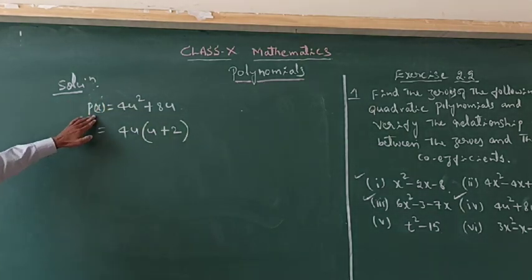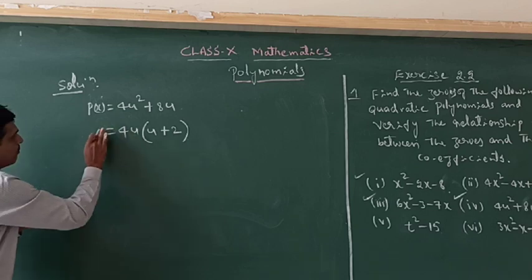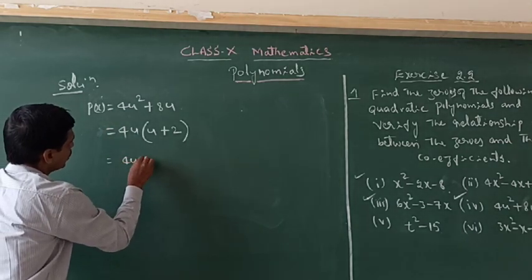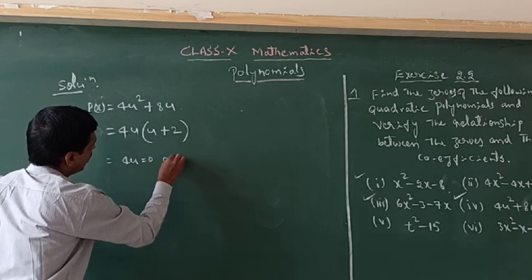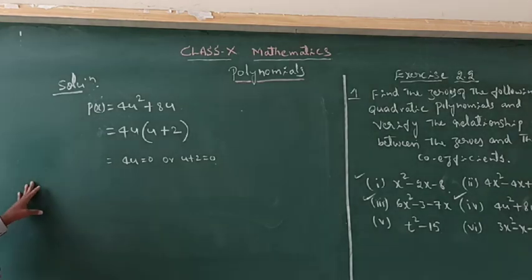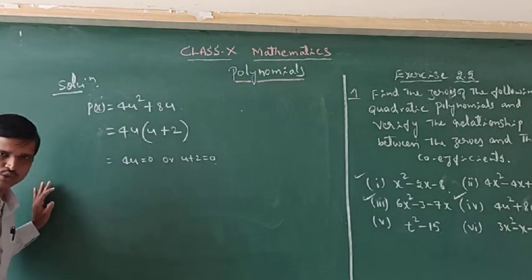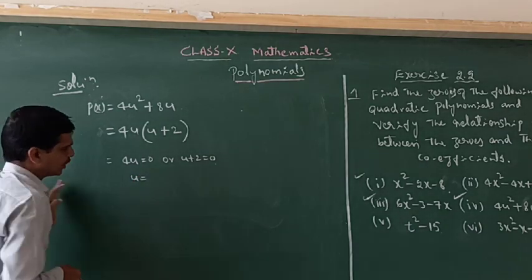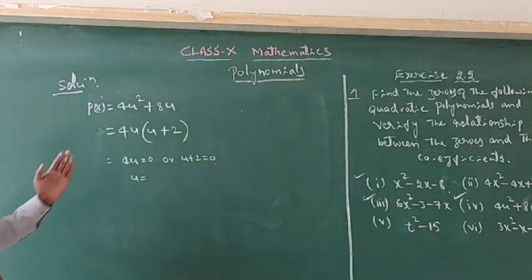At what value does this p of x become 0? That now we can find. That is, 4u is equal to 0 or u plus 2 is equal to 0. Hence, your value of u is equal to 0 by 4. Here u may be any variable, not only x and y.